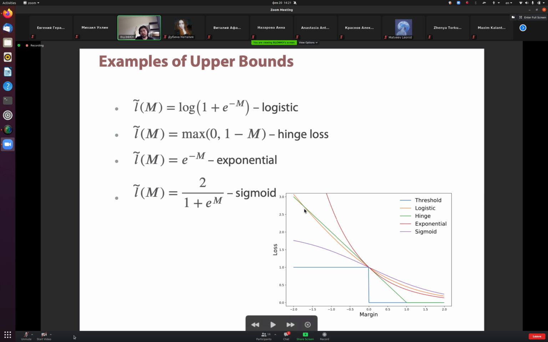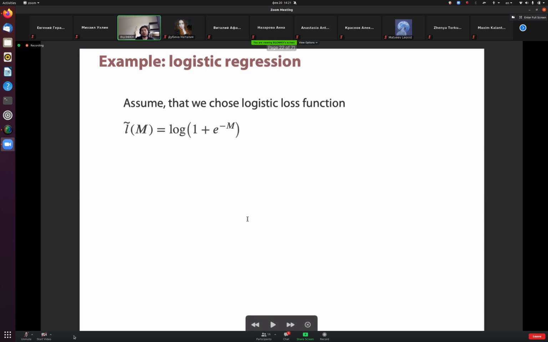But with these three lines, it will influence exponentially or linearly much. With the purple line, it will say that the weight of this point is bounded by, like, 2. And this is the beauty of how we could modify our loss a bit.